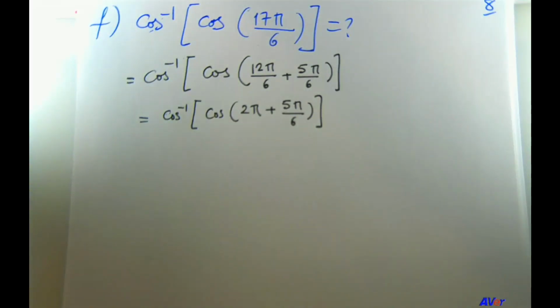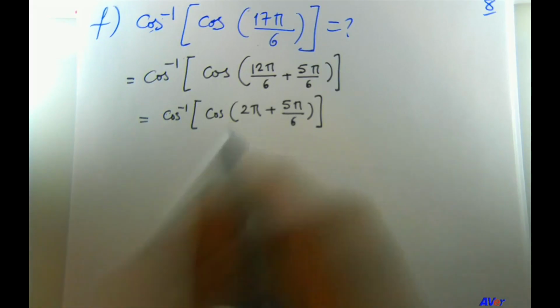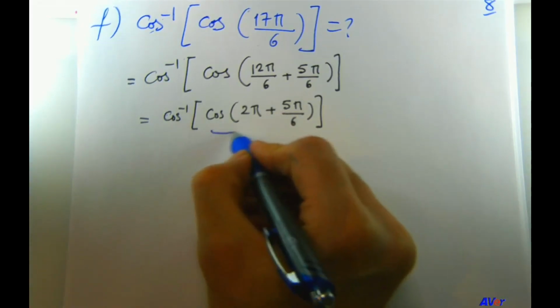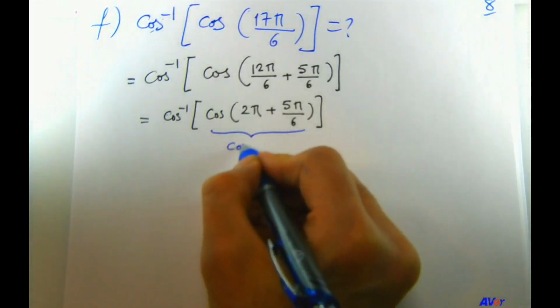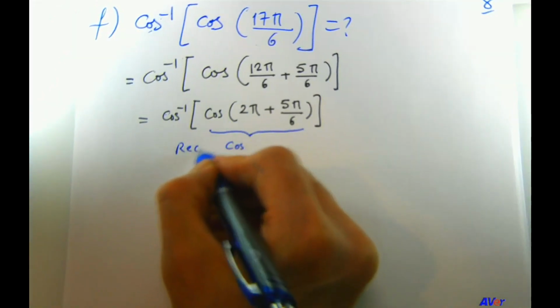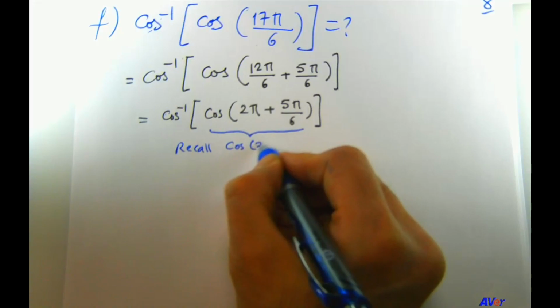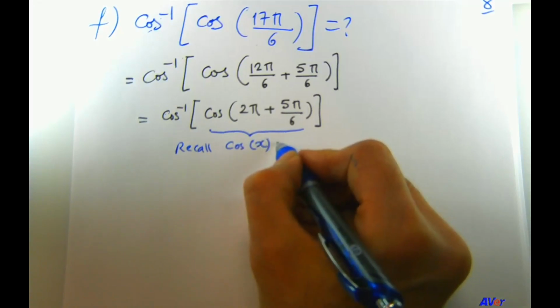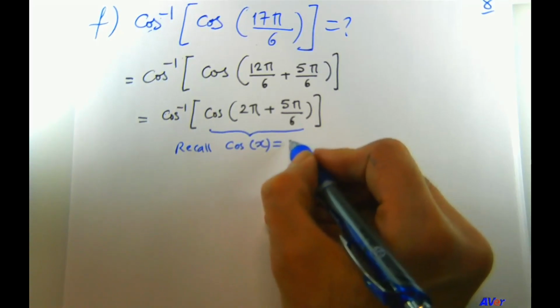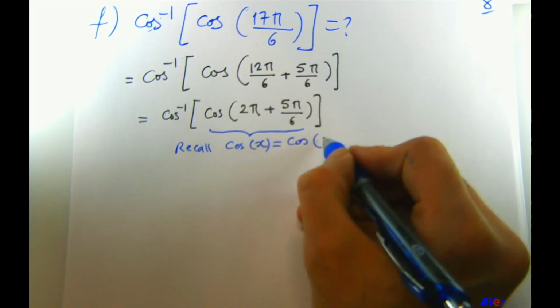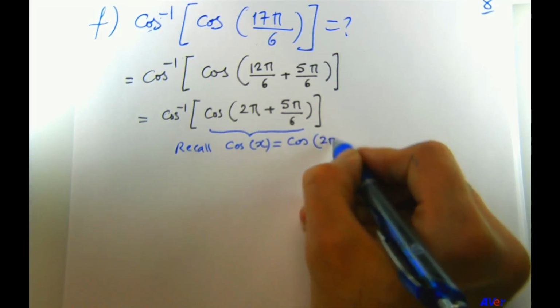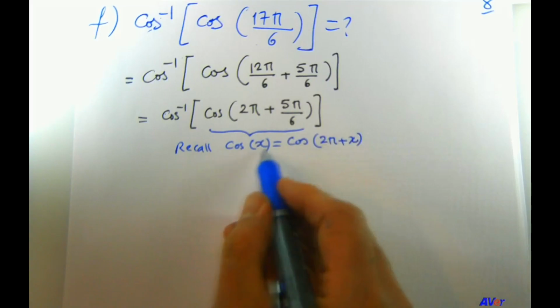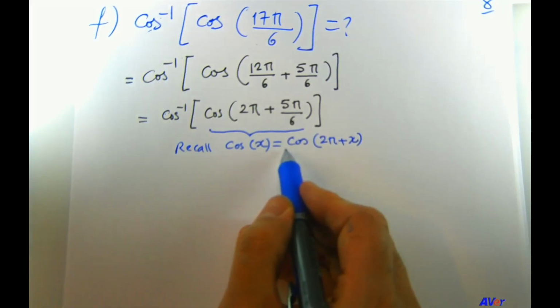But we know from before that cosine has a period 2 pi. So this is equal to, recall, cosine of x equals cosine of 2 pi plus x, right? Remember that? We talked about this before.